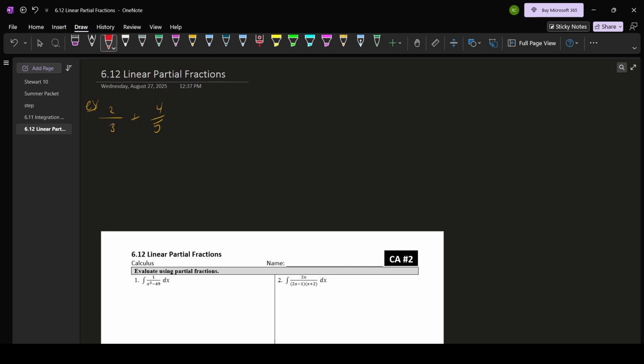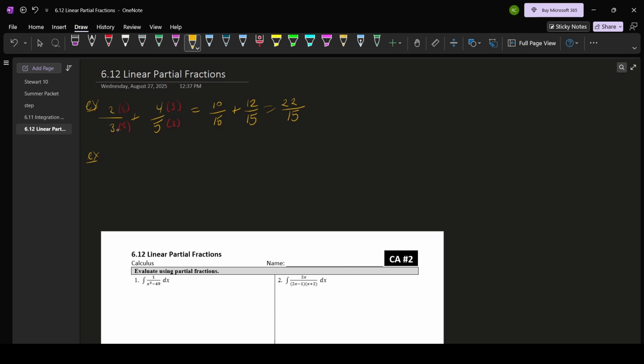So this 2 over 3, we're going to multiply by 5 over 5. And this 4 over 5, we're going to multiply by 3 over 3 so that we arrive at two fractions that have the same denominator. So 10 over 15 plus 12 over 15. And now we can add these together to get 22 over 15.